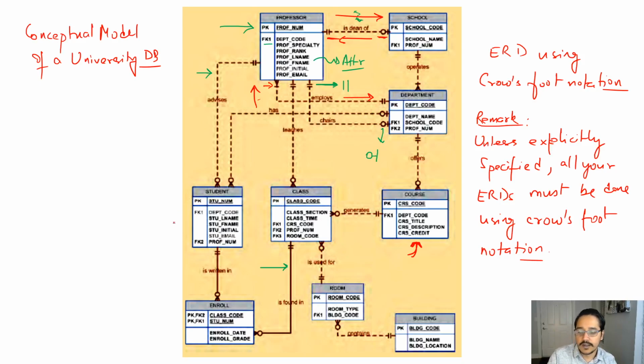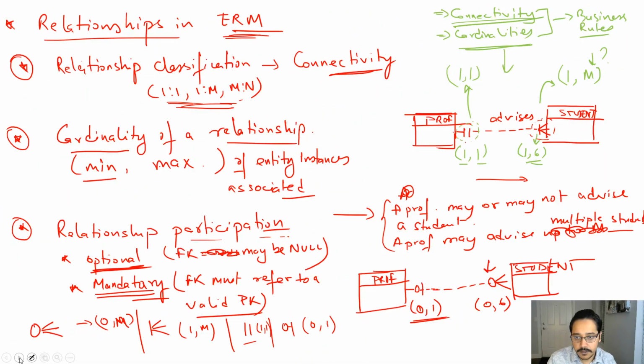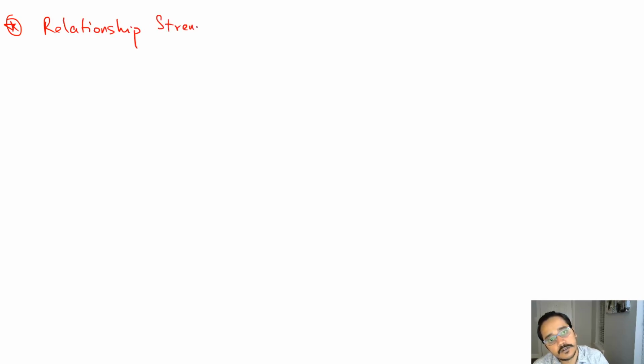Okay, so thereafter, so now we have covered connectivity, cardinality, relationship participation, and its notation in the crow's foot design or crow's foot diagram. Okay, so then the next one is relationship strength. Okay, and again it is of two types.